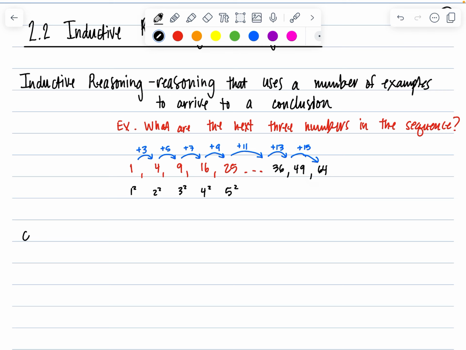Okay, a conjecture is a concluding statement reached by inductive reasoning.